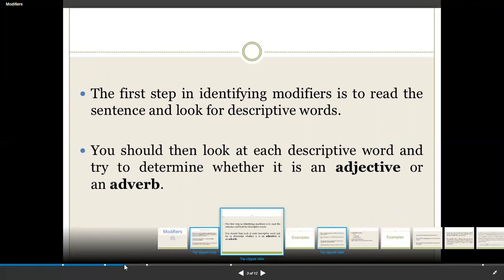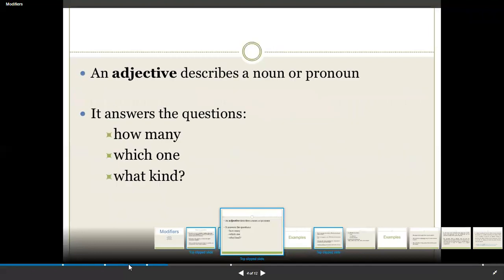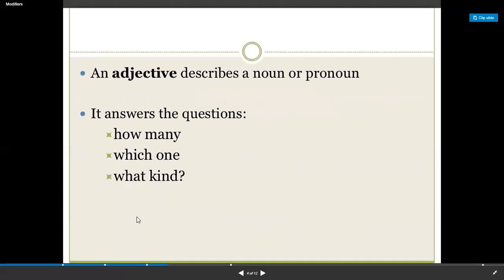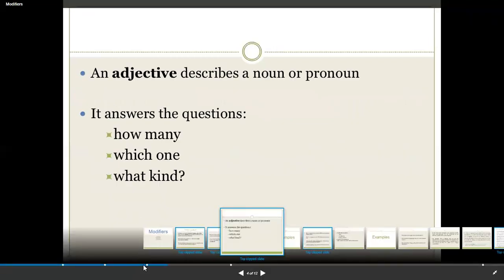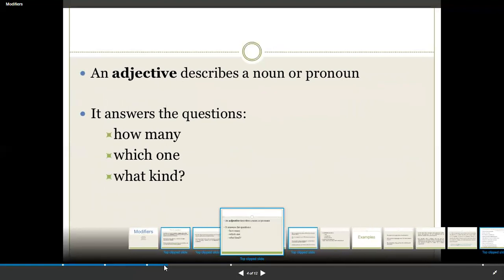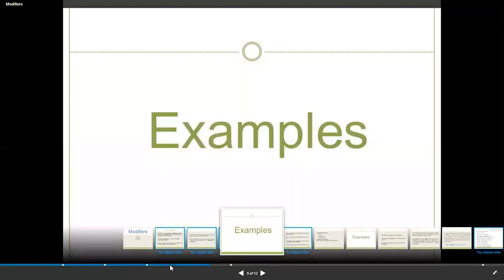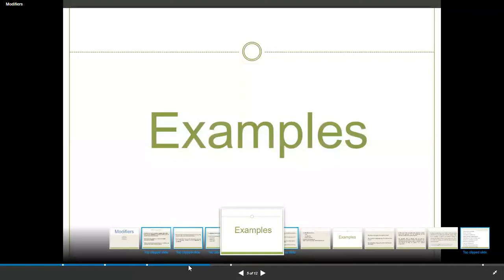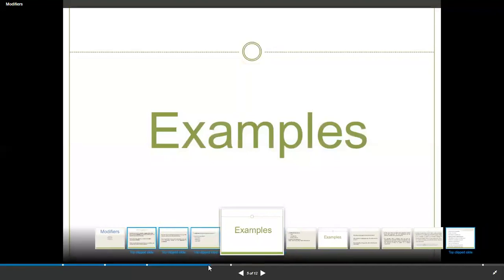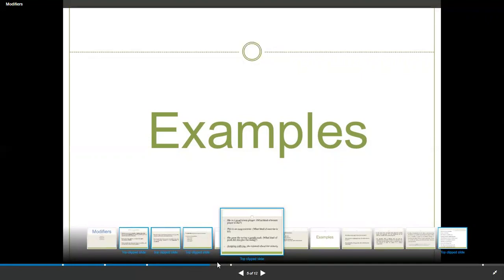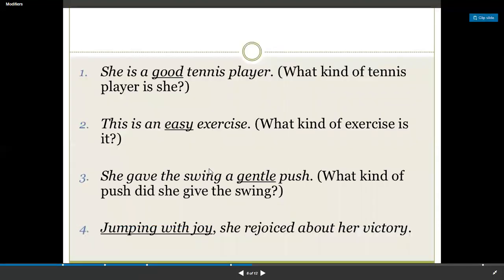Taking the same point further, we need to know answers to questions like how many, which one, what kind. This is probably what defines a modifier better. So, how do we take this further? In this case, it becomes very simple to learn that.